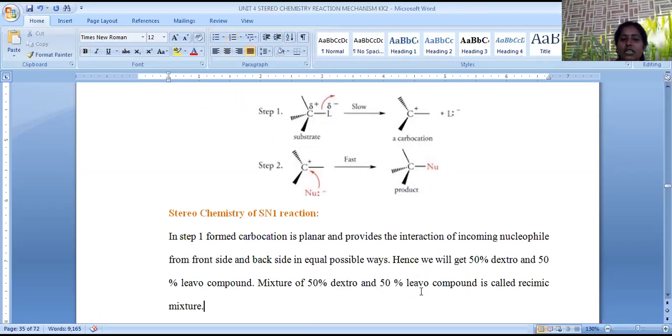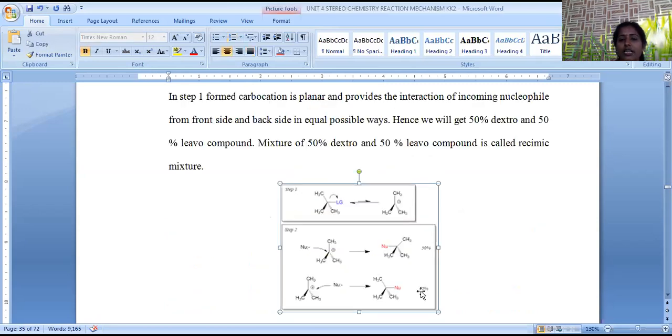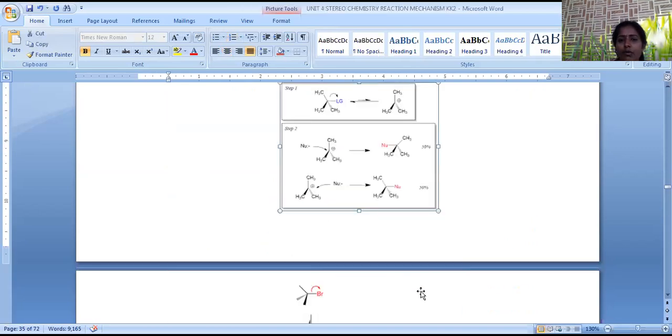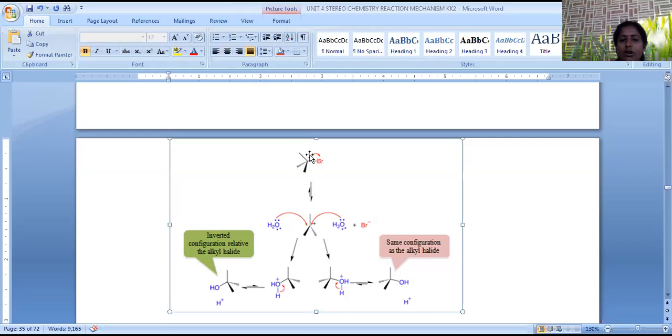Now let us discuss its stereochemistry. What is the orientation? What is the product formation in the SN1 reaction? To get this, we go with the mechanism where the alkyl halide was taken. In step 1, the alkyl halide is ionized and converted into a carbocation, leaving the bromide ion. This formed carbocation is planar in nature and is attacked by a water molecule from the front side as well as from the back side. Front side attack gives a configuration similar to the alkyl halide, that is the starting material.